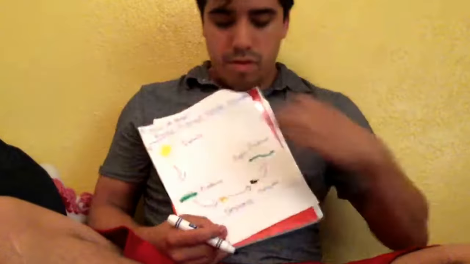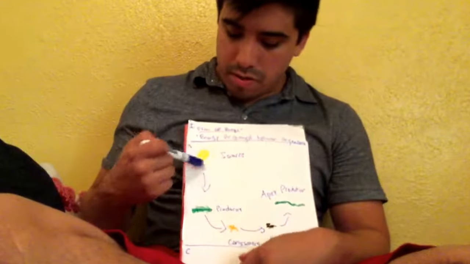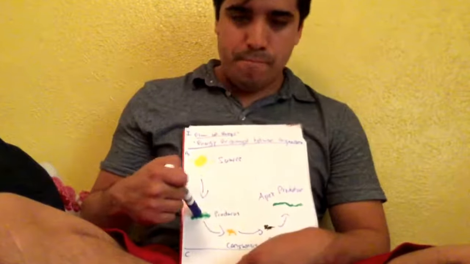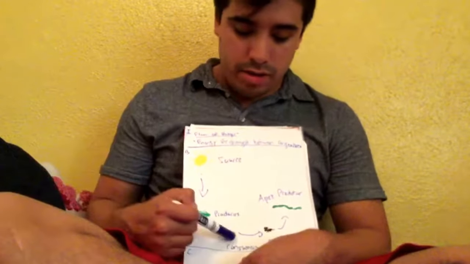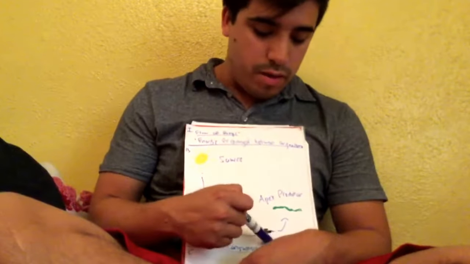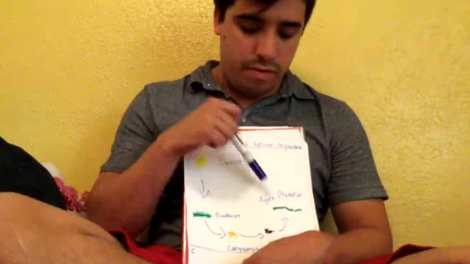You remember? Right, by consuming, by eating the other. So it starts off with the source of energy, producers produce the food for their own organisms. Then the first consumer, the little grasshopper, eats the grass. And then what eats the grasshopper? The little mouse. And then from here, this consumer is eaten by what we know as the apex predator, the snake, the very top of the food chain.